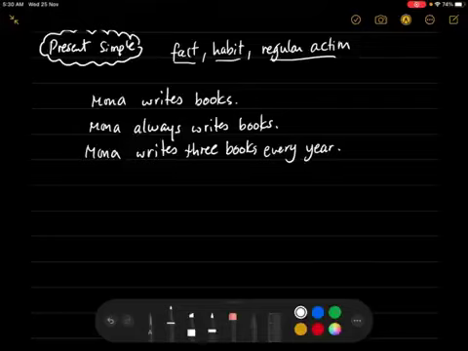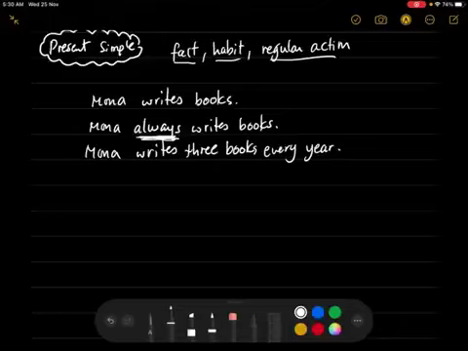It comes after the verb to be, and it comes before all action verbs and other state verbs like the verb seem. We say Mona writes books, and we say Mona always writes books. So always comes just before the main verb.